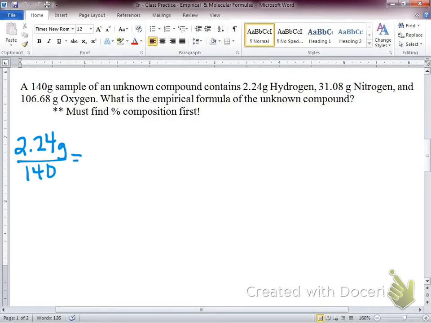And that gives us the percent of hydrogen in this particular compound. Make sure that once you get it in a decimal form, you convert it to a percent, which is 1.6%. And make sure you include your hydrogen label in there so you know what element you're working with.